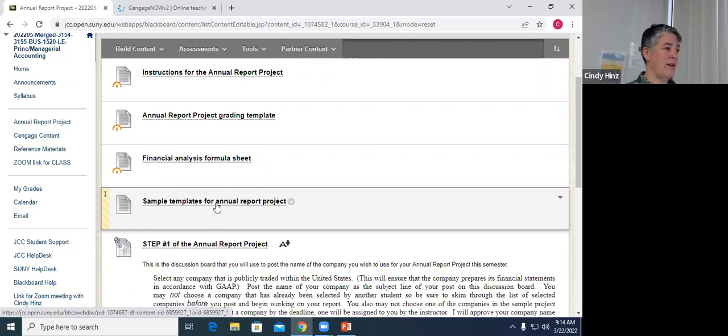If you are savvy with Word and you want to import those tables, if you want to put those Excel sheets in Google Sheets and be able to pull the tables in that way, that's a little bit less preferred, because what you submit really needs to be something that's static, not something that you can change after you submit. So I really don't want you linking the tables from Google Sheets that you could then go in and change after you submit.